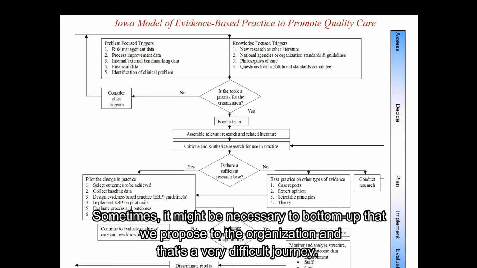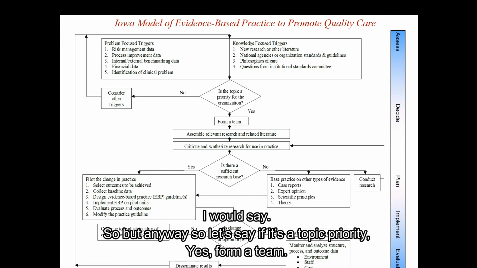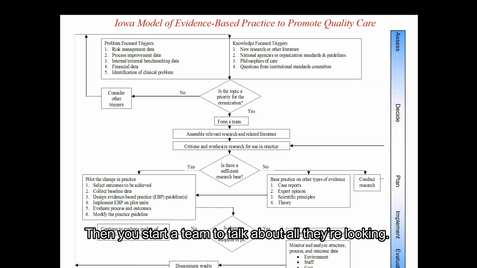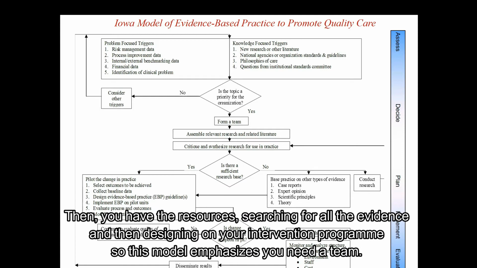Sometimes it might be necessary to go bottom up, where we propose to the organization, and that's a very difficult journey, I would say. But anyway, if it's the topic priority, yes, form a team. Then you start a team to talk about all of it, then you have the resources, search for all the evidence, and then design your intervention program.